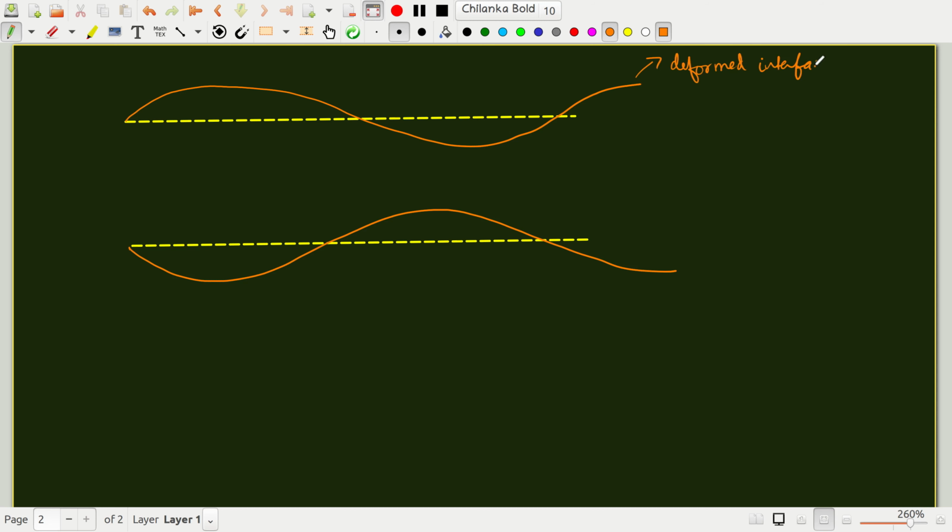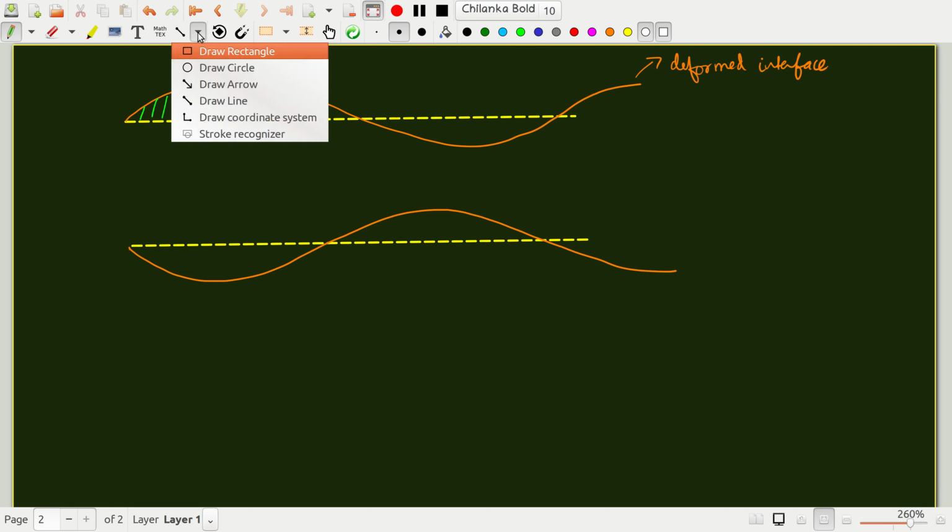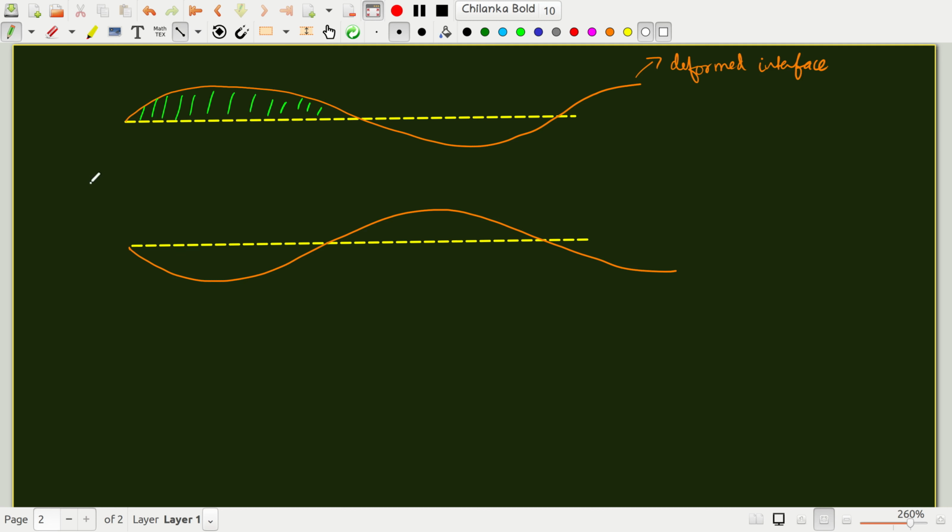Now what is going to happen is that in this process, you're going to gain this much amount of volume. This looks like an area, but you have to revolve it around the axis of the cylinder. Let's also draw the axis of the cylinder. So if you revolve this around the axis of the cylinder, this piece will become a volume.